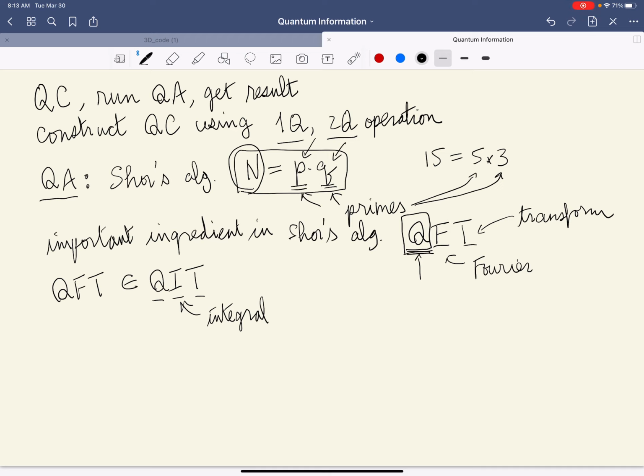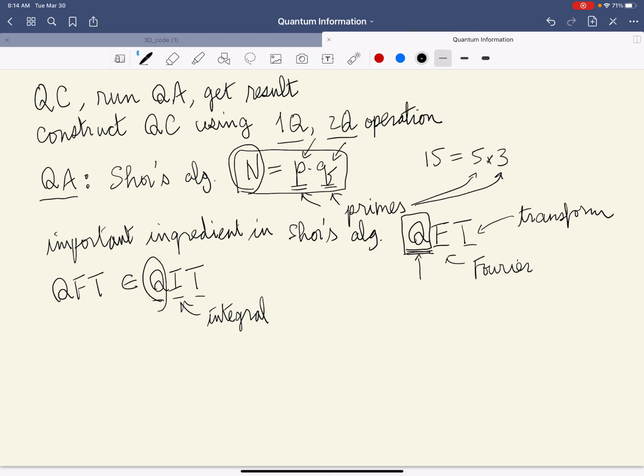People use this fancy vocabulary because the whole assumption is that this algorithm is supposed to run on a quantum computer. So you put quantum in front of every word that you already know simply because the idea is to have it run on a quantum computer rather than a classical computer.